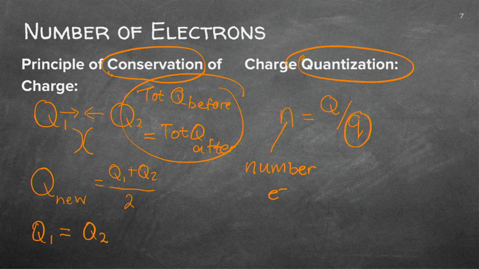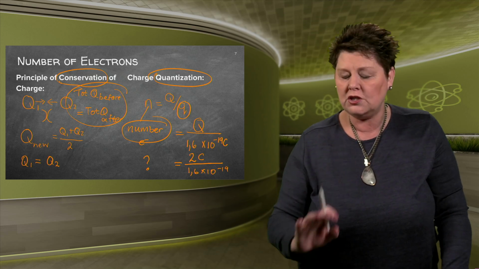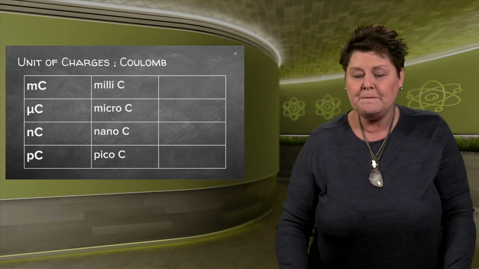This is the charge of 1 electron, and we just did that just now. This is on your information sheet, and that is this new charge. So if I tell you, I want to know how many electrons are in 2 coulomb, you just divide that by the charge of 1 electron, and then you know exactly the number of electrons. That's on your information sheet. Just make sure that you utilize that.